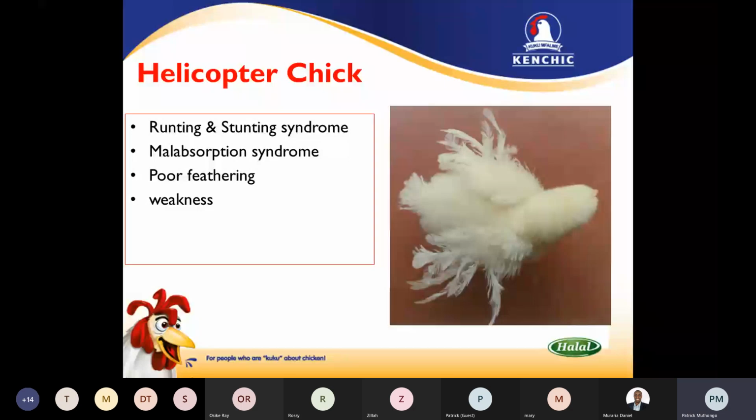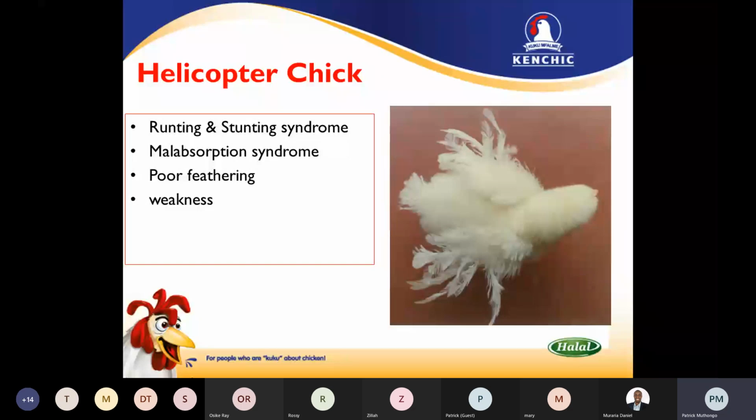Also what we call a helicopter chick. This we always observe in our birds. Very poor feathering, weak birds. The droppings are not very well digested. That is why we call it malabsorption syndrome, because the birds are unable to digest feed. Runting and stunting. Runting ni kifaranga amegrow but imefika mahali amewacha kukua kabisa, so amesimamia tu pale pale.